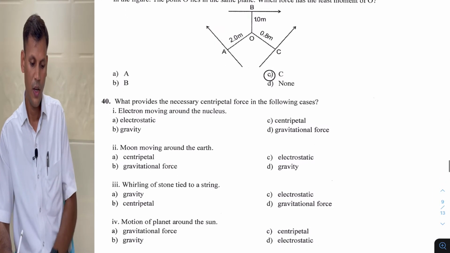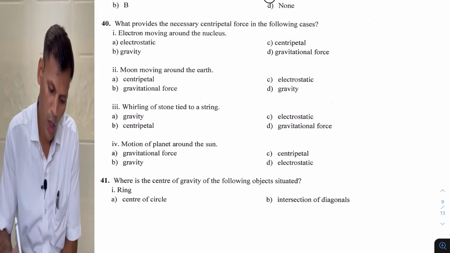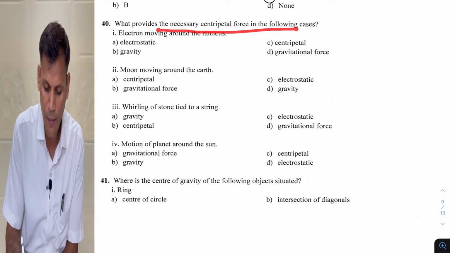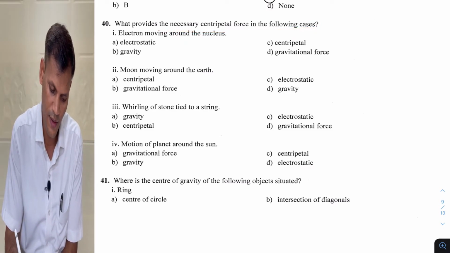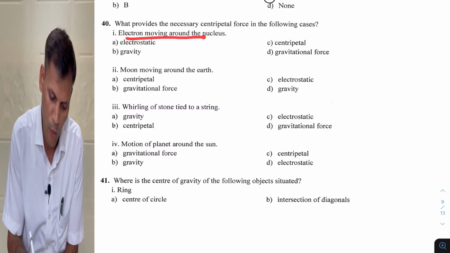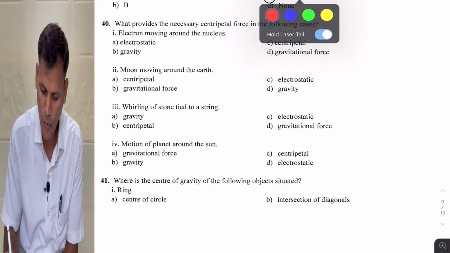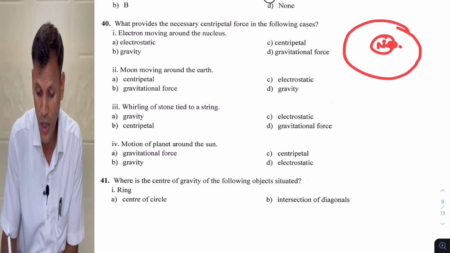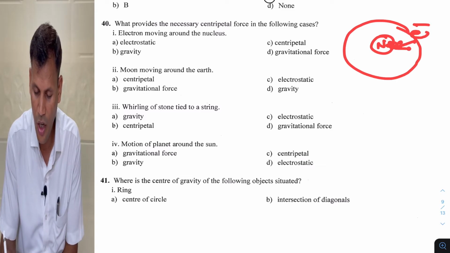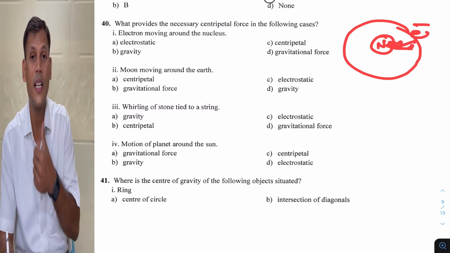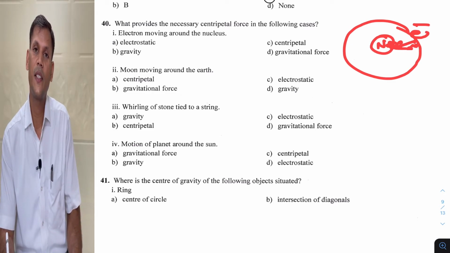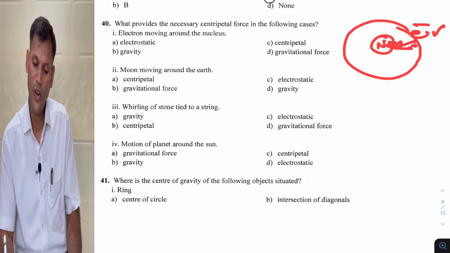Next one is question number 40. What provides the necessary centripetal force in the following cases? Electron moving around the nucleus. So we know if any electron, this is nucleus, neutron and proton, electron is moving. So electron should fall inside the nucleus, because nucleus contains positive charge which is the proton, but electron has negative charge.